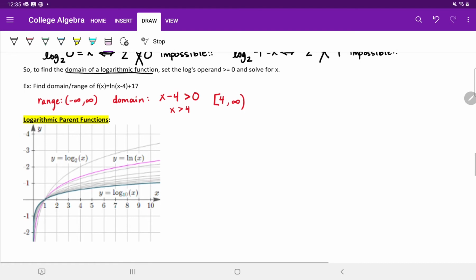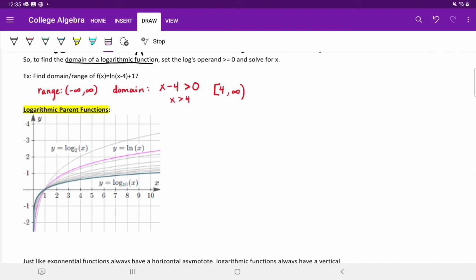If we look at our logarithmic parent functions, we can even kind of see this pattern on a graph. These are parent functions, so they are our most basic version. We start off up here with log base 2 of x, and then we've got log base e of x. Remember, e is 2.71.